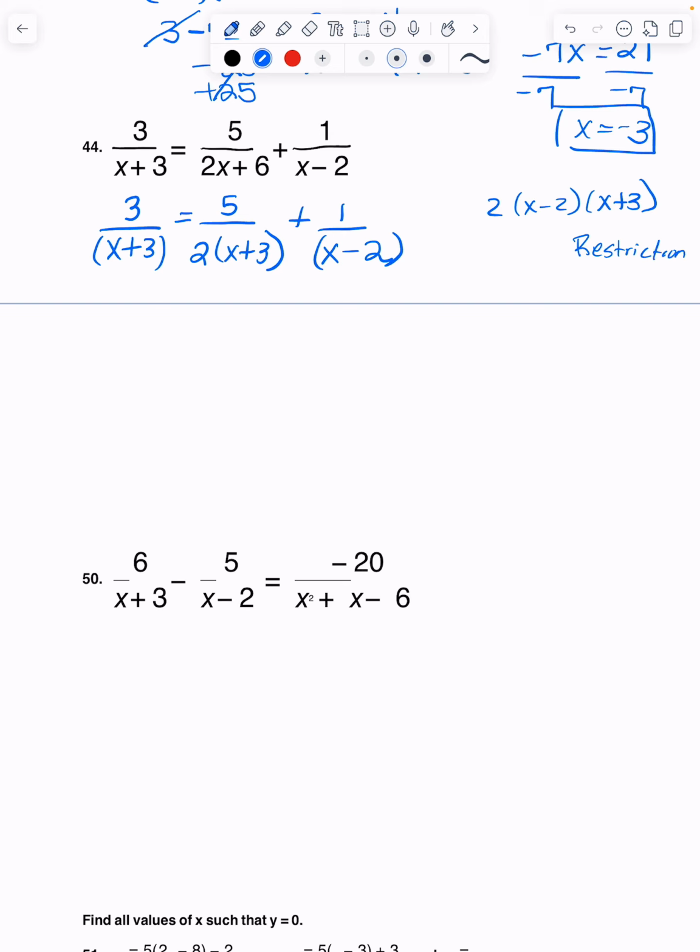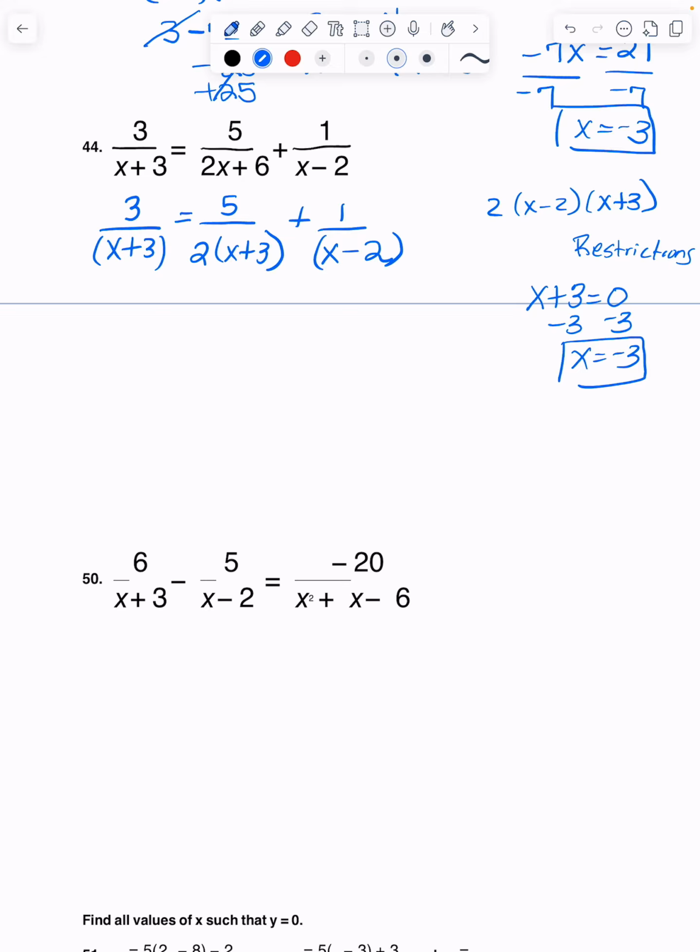Restrictions would be anything that makes any of those denominators equal 0. So what would make x plus 3 equal 0? Well, if I subtract 3, if x was negative 3, that would make my first denominator equal 0. So that's going to be a restriction. X can never be negative 3.